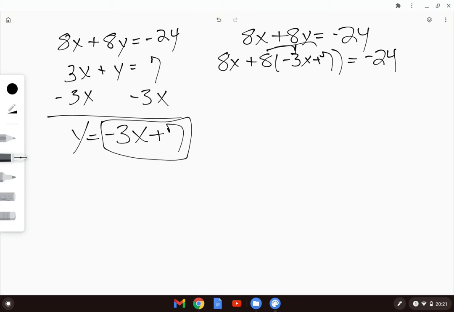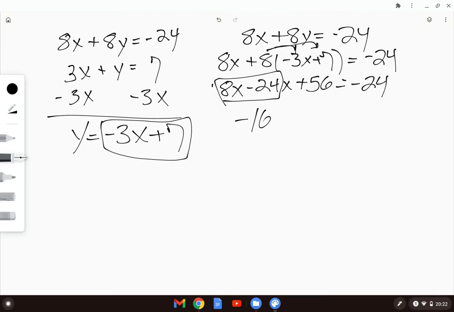Now I distribute, and then I combine my like terms. So 8x minus 24x is going to be negative 16x plus 56 equals negative 24.